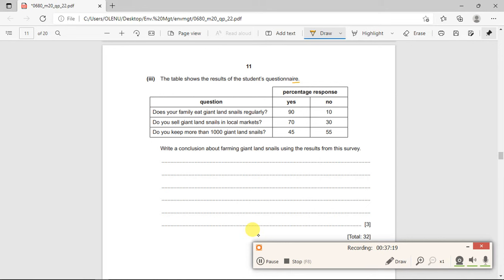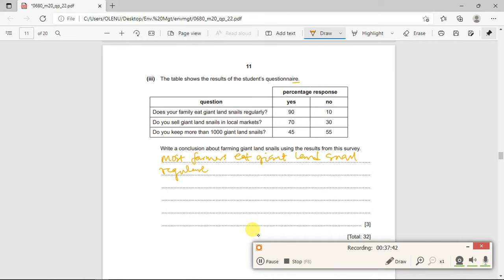Does your family eat giant land snail? 90 yes. So I can say most farmers eat giant land snail regularly.